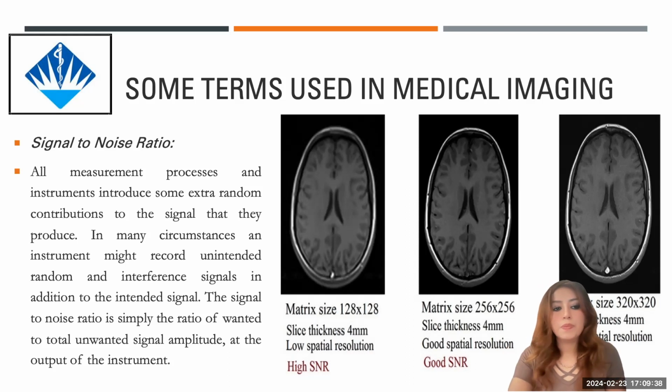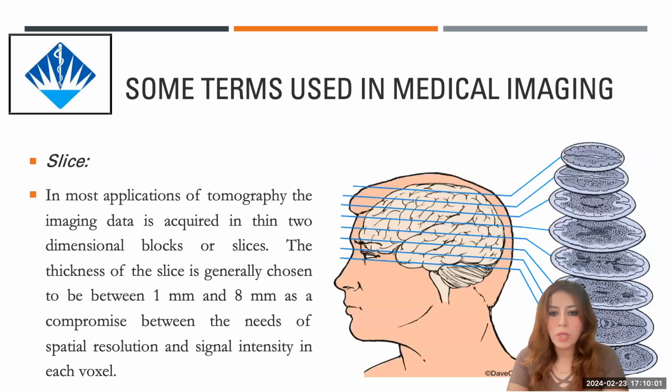So we have a slice image taken from the brain with a high, good signal-to-noise ratio, which has good spatial resolution, and one with a low signal-to-noise ratio with high spatial resolution. This is an example of how it affects our image.